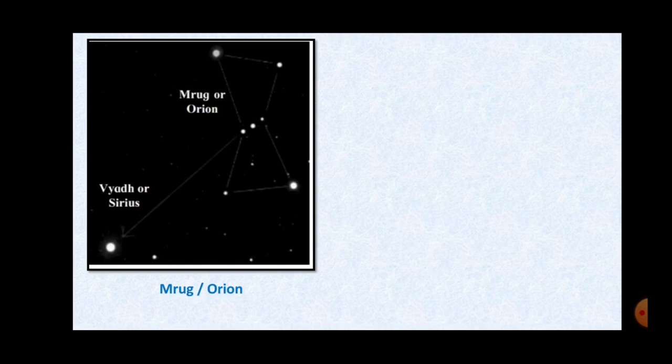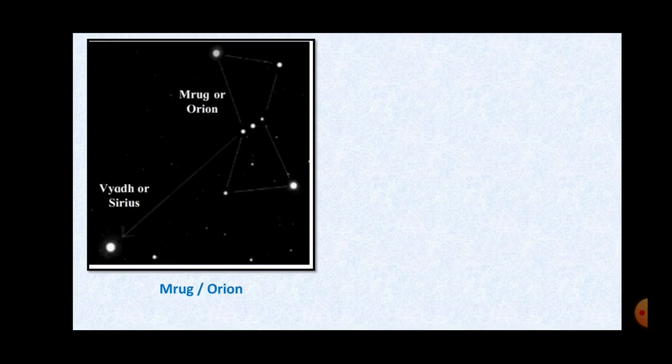Now the pole star has Saptarshi on one side and Sharmishta on the other. So as Sharmishta sets, Saptarshi rises. Thus we are never able to see both of these together. We can only see either one, that is either Sharmishta or Saptarshi.